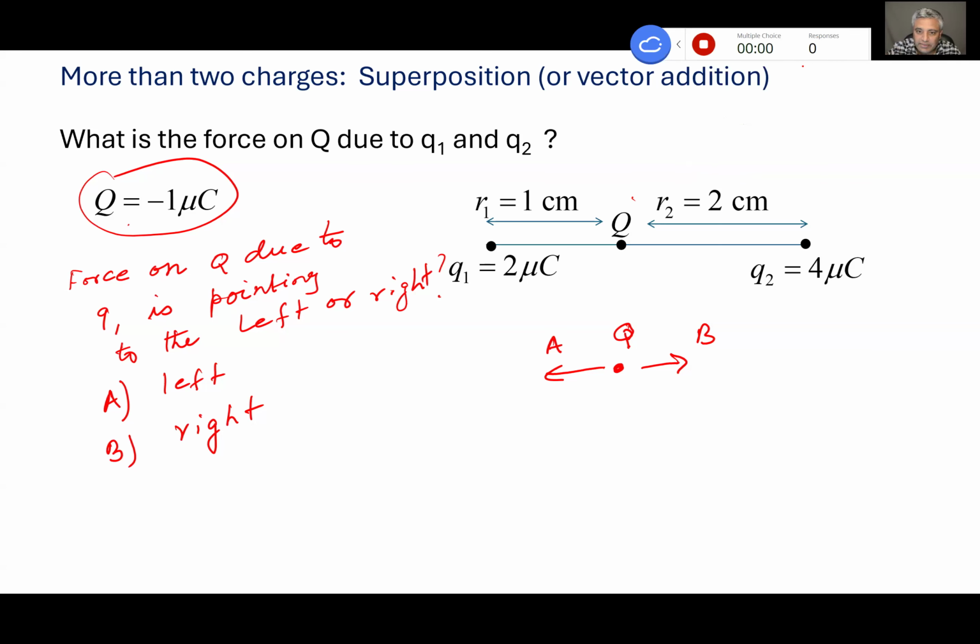These are the steps you have to go through, okay, while solving this kind of problem. It is not just the force between two charges, but three charges, so you need to calculate two separately. Okay, let's do 30 more seconds.